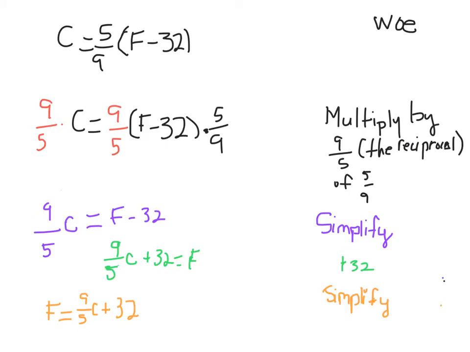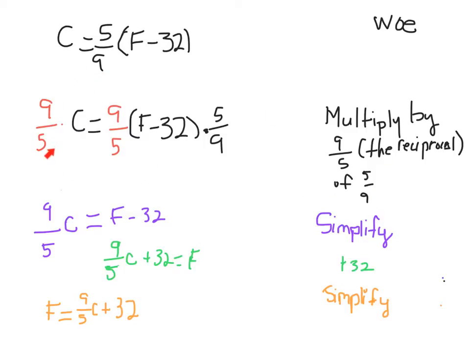Here we have our formula C equals 5/9 times F minus 32. I wrote down my original equation. And now I'm going to multiply both sides by the reciprocal of 5/9.